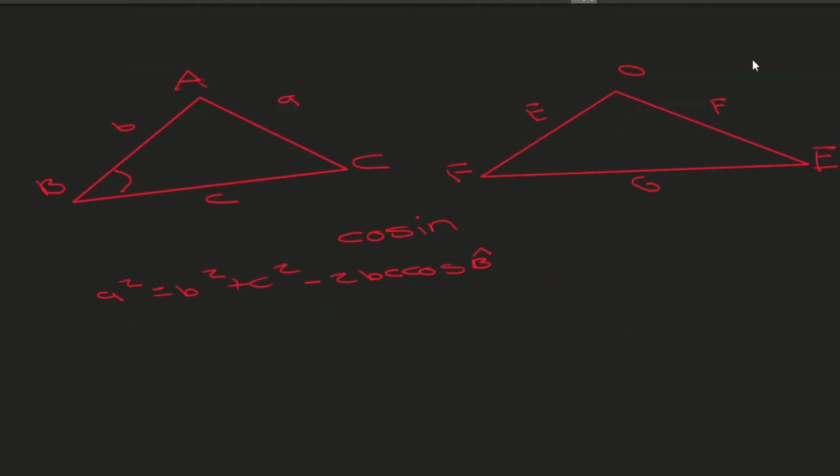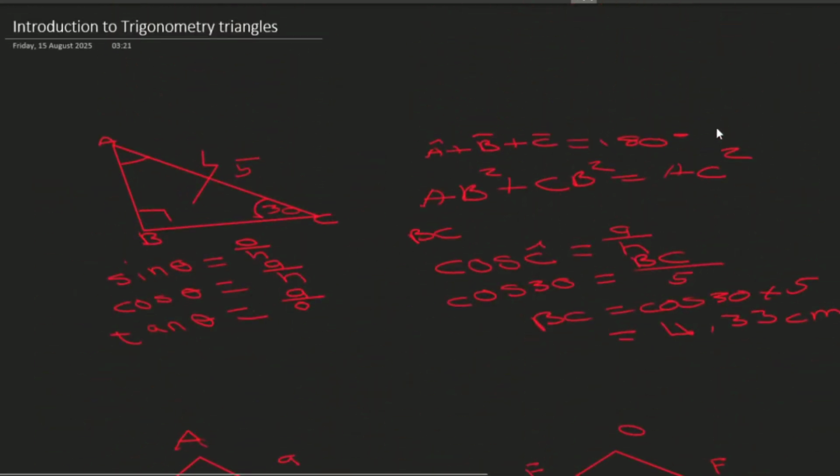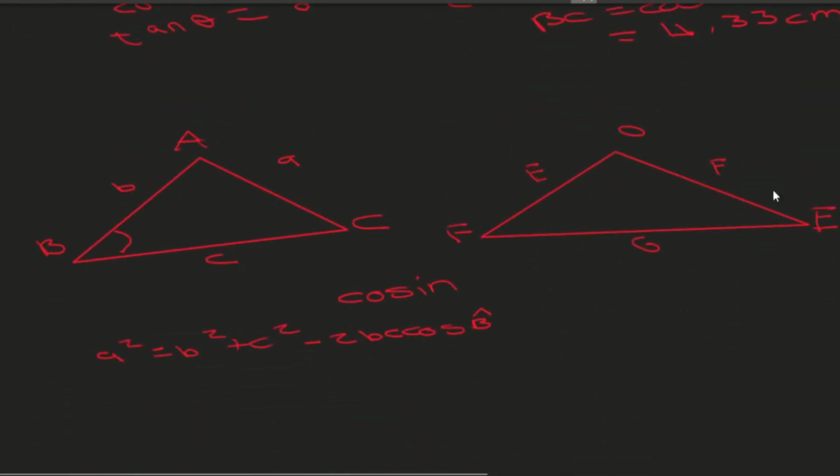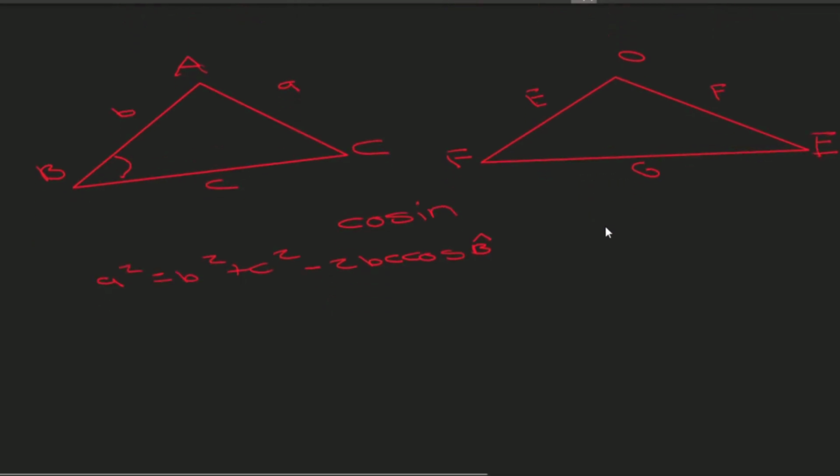So the way you do this is you're gonna use these rules together, angles and sides, to find answers when triangles are not right angle triangles. So a squared plus b squared plus c squared, those are the sides, manipulating the Pythagoras theorem.